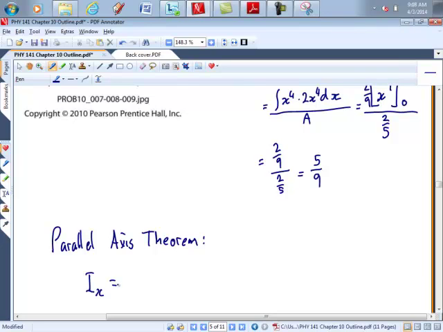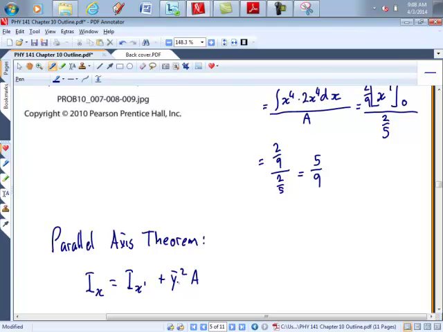Those lines that I've been drawing are going to show up on a later page. So it's just one of the little annoyances. Ix prime plus y bar squared A. So this is what I'm looking for. This I have, and this I have.